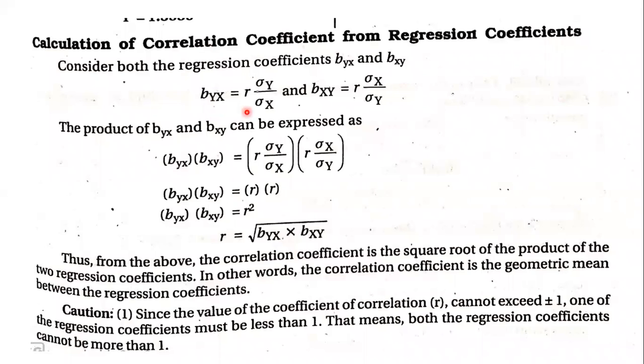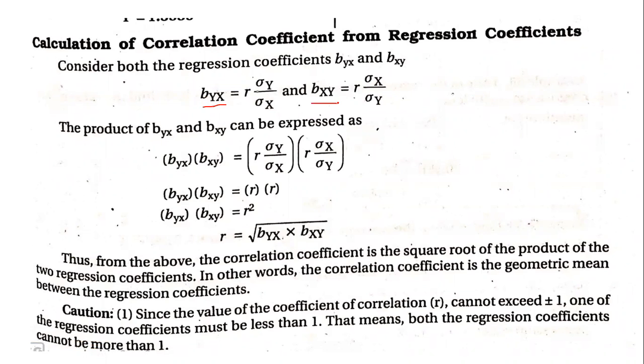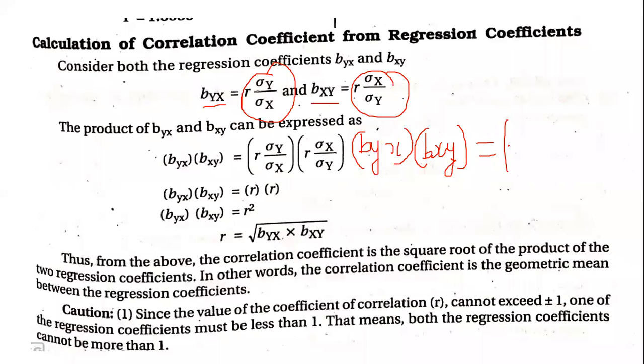So Byx is equal to R into standard deviation of Y by standard deviation of X, and Bxy is R into standard deviation of X by standard deviation of Y. The product of Byx and Bxy can be expressed as: if we multiply both, Byx into Bxy is equal to R into standard deviation of Y by standard deviation of X into R into standard deviation of X by standard deviation of Y.